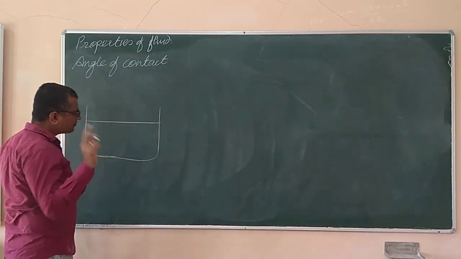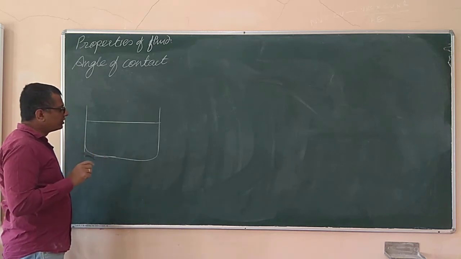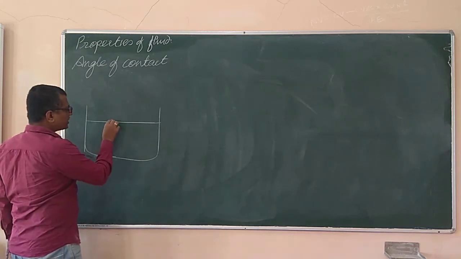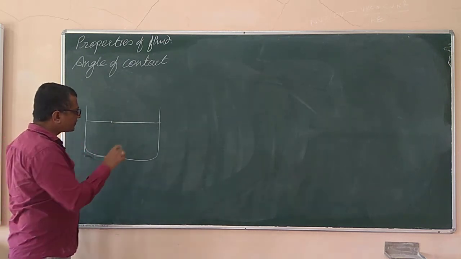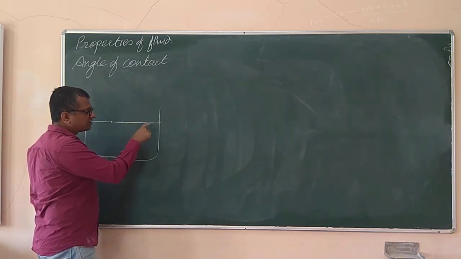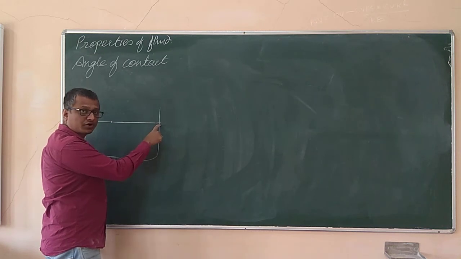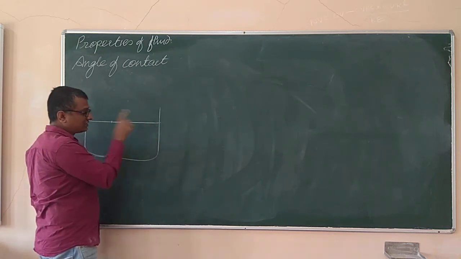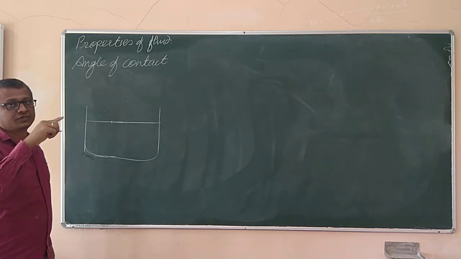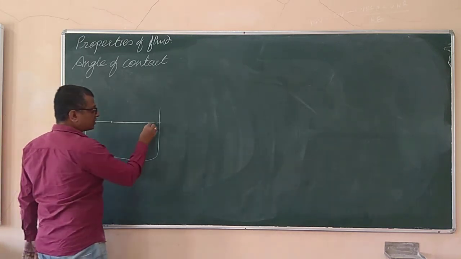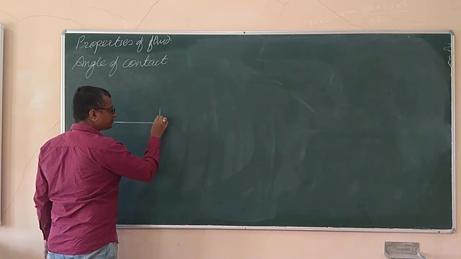But if you observe it carefully at the microscopic level, you will find that this surface over here is exactly horizontal, no doubt about that. But the free liquid surface close to the solid boundary of the vessel is no more horizontal and no more straight. It is curved, and that curved pattern is over here.